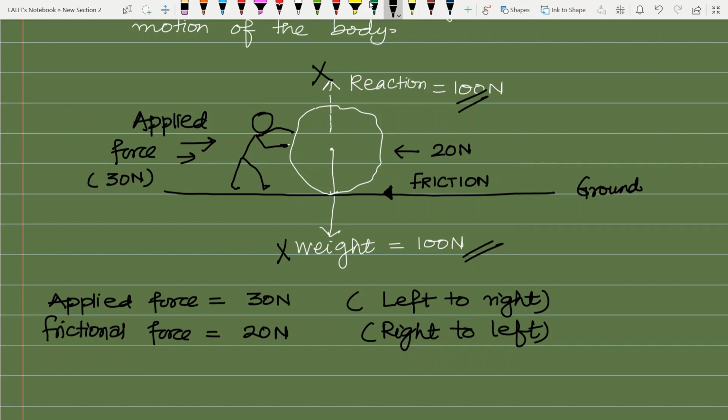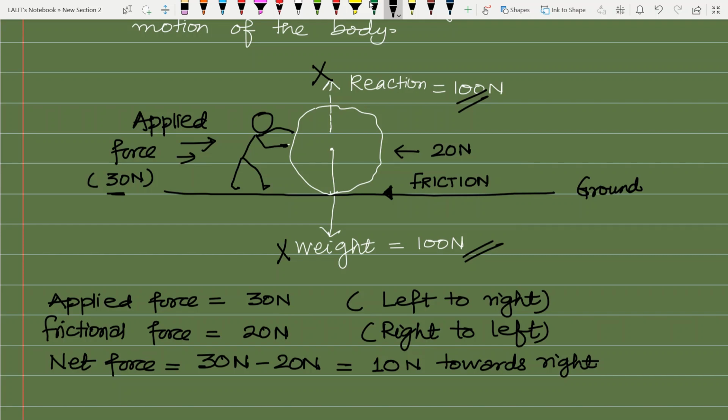So what is the net force now? Will it be 0? No, of course not, because one of the forces is 30 Newton and the other one is 20 Newton. Net force is 30 Newton minus 20 Newton, so this is 10 Newton towards right. So what will happen to the rock now?